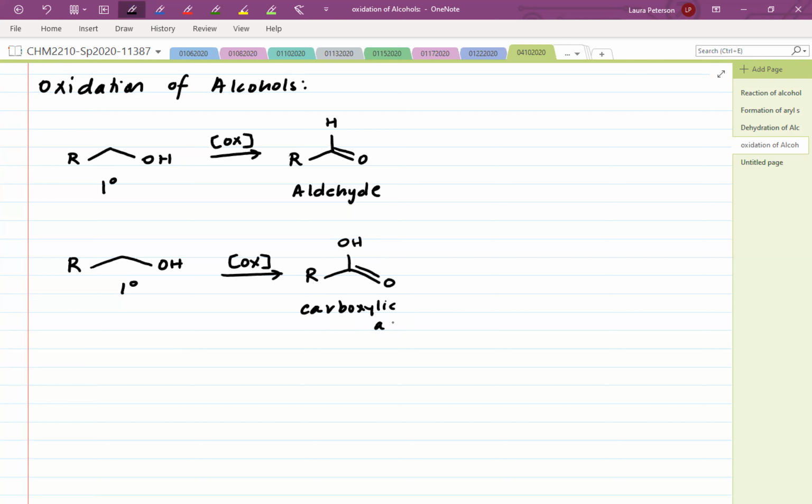Whether I convert my primary alcohol to aldehydes or carboxylic acids will depend on the reagent, so it depends on oxidation conditions or reagents. We'll learn a few different oxidations. Some of them will oxidize primary alcohols to aldehydes. Some of them will oxidize primary alcohols to carboxylic acids. Okay, so that was primary alcohols.